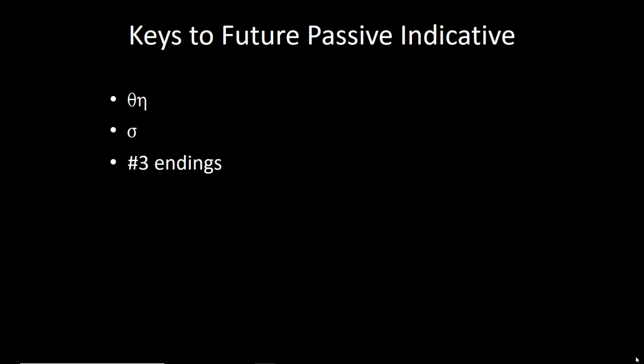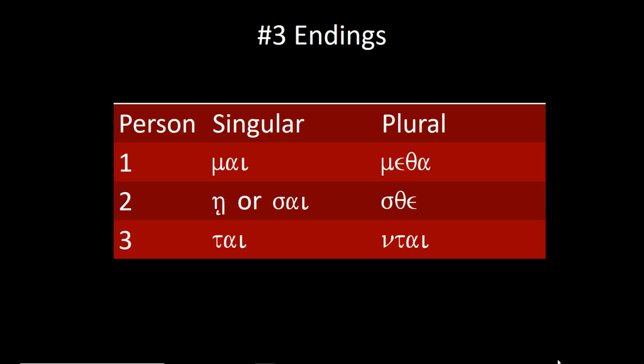Now for the future passive indicative, we've got three keys: theta eta, sigma, that's the big future key, and then number three endings. Theta eta, sigma, number three endings. Remember, the number three endings are mai, ei, etai, metha, esthe, ontai.